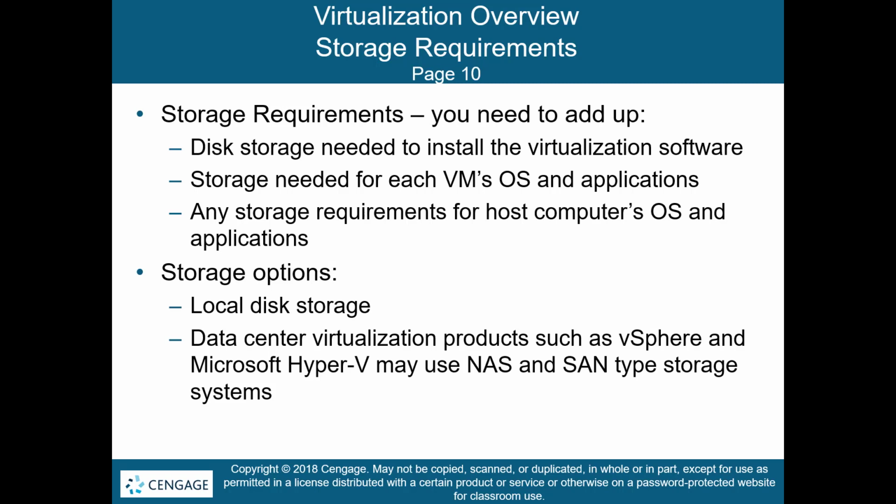And one method, of course, to provide for additional storage is to use network storage. Most data center virtualization products like vSphere and Hyper-V allow you to use NAS or storage area networks to put data, especially data that's going to be shared amongst multiple virtual machines.